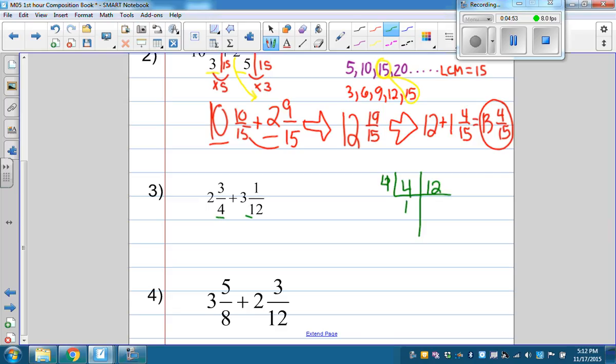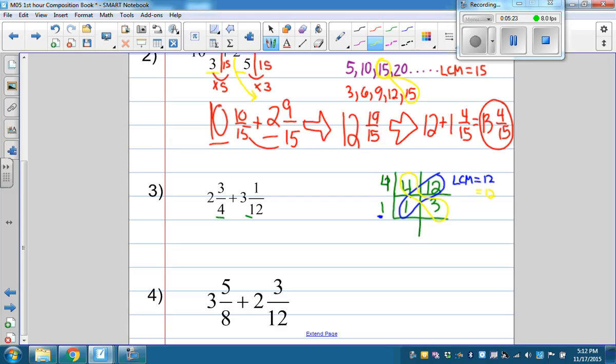So 4 divided by 4 is 1, and 12 divided by 4 is 3. And the only thing common to 1 and 3 is 1. So the division ladder, once you get a 1 here, you're at the bottom of the division ladder. And when you multiply the top of the division ladder by the bottom of the other side, you get the LCM. That's 12. And you can cross-check it. 4 times 3 gives you 12.